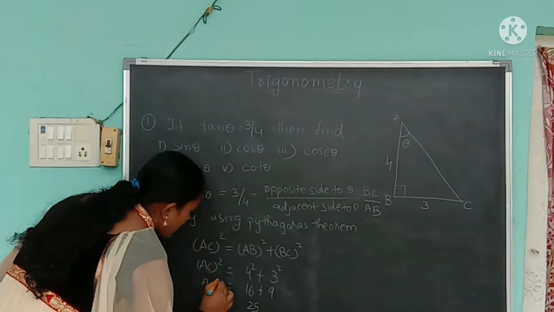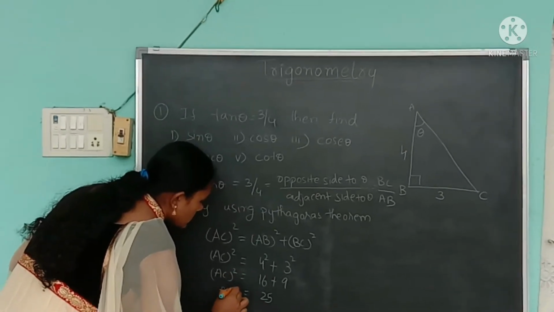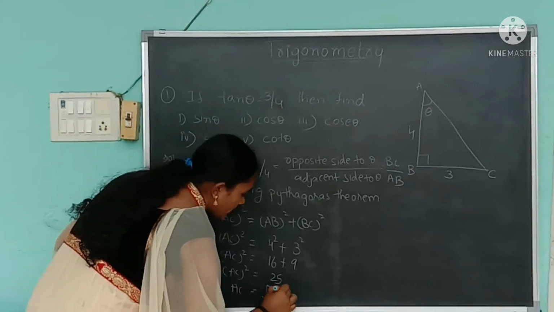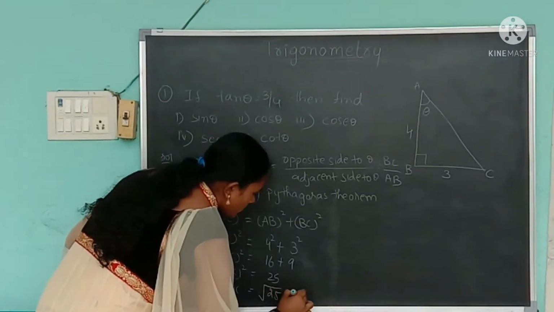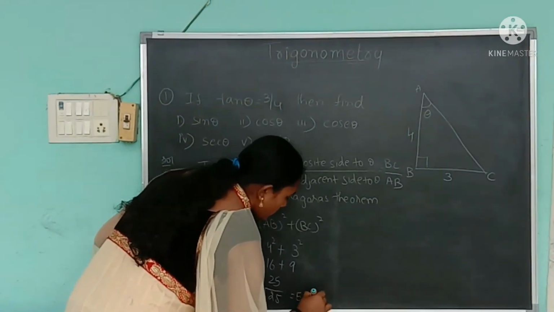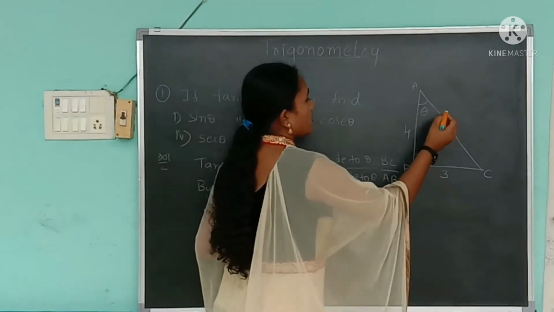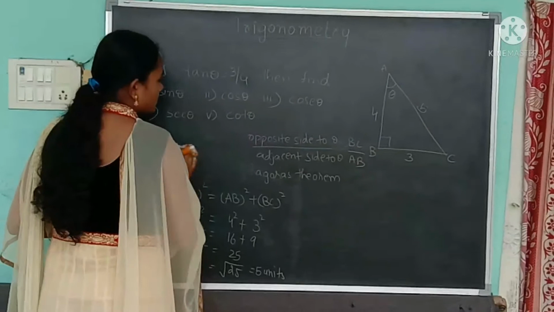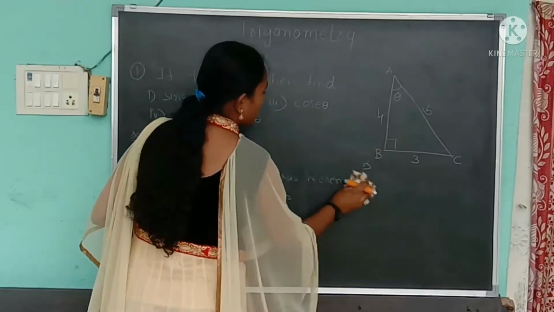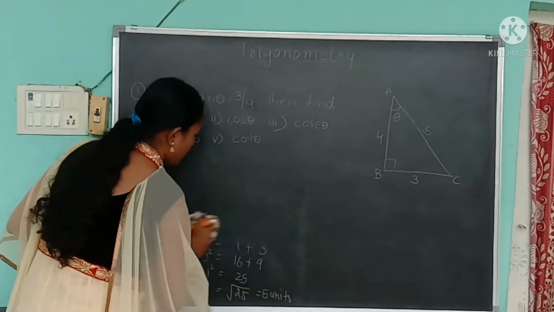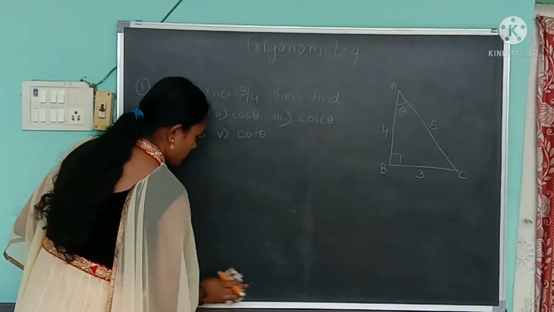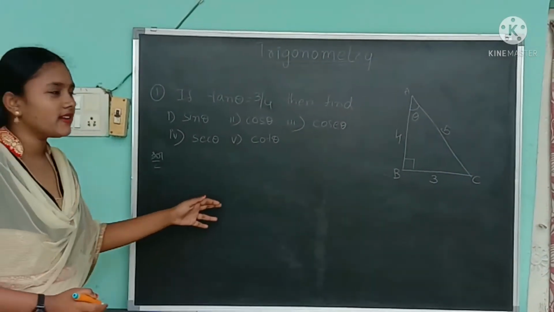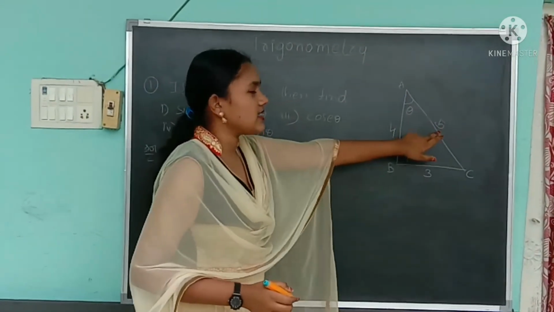So AC square is equal to 25, then AC is equal to root 25, which is 5 units. So we found that the hypotenuse length is 5.